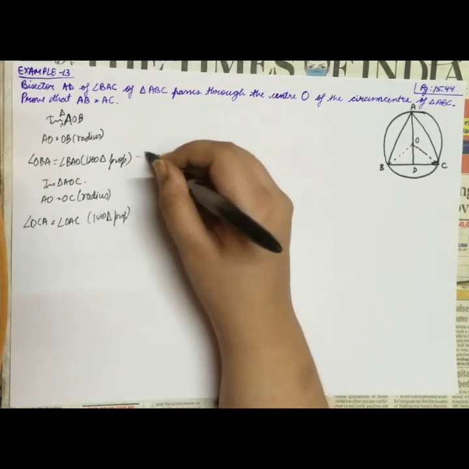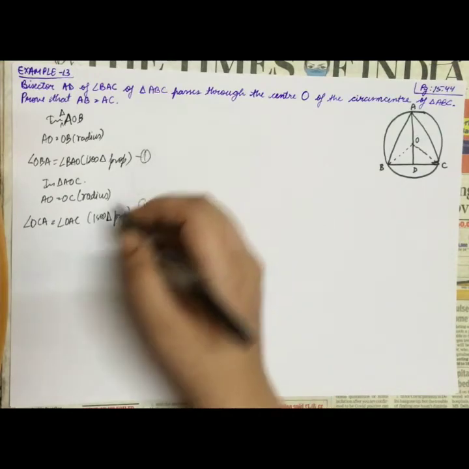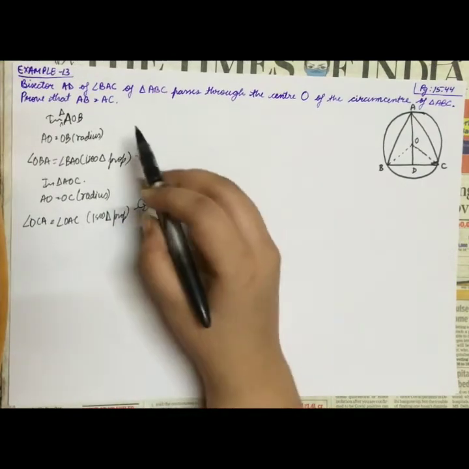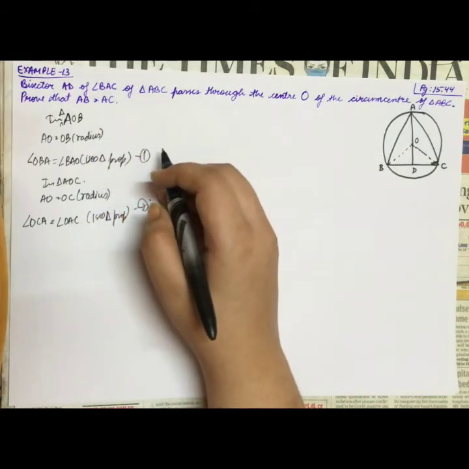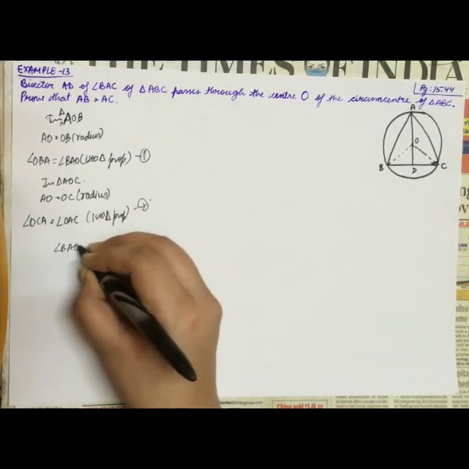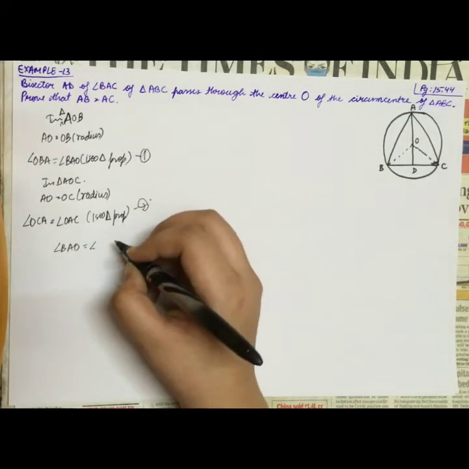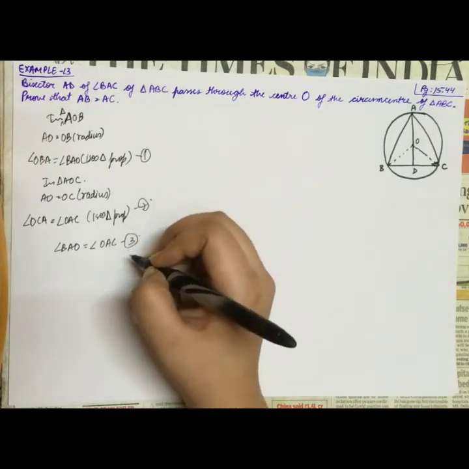We'll mark these as 1 and 2. And now it is given that AD is the bisector of angle BAC, which means angle BAO is equal to angle OAC. We'll mark this as 3.